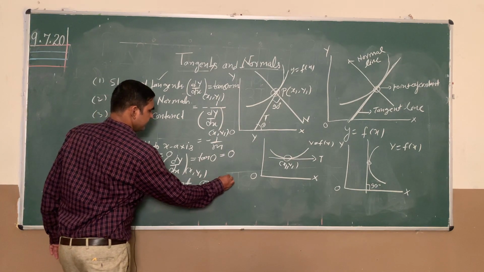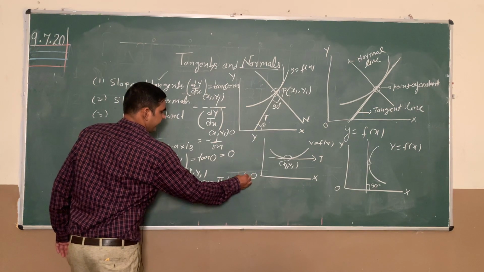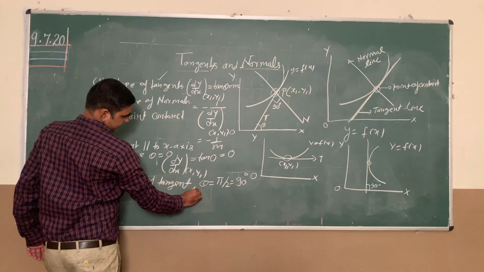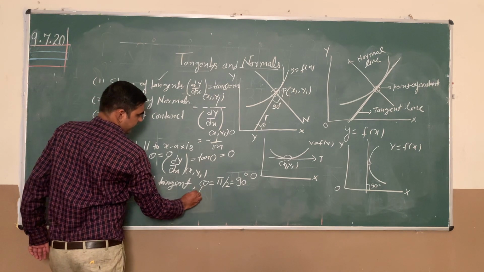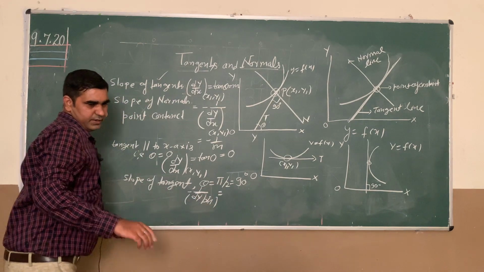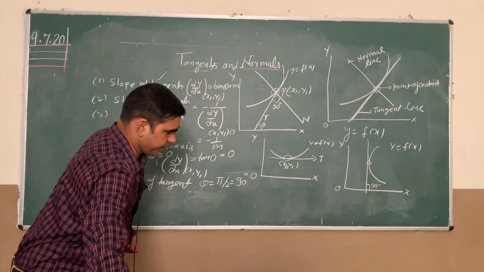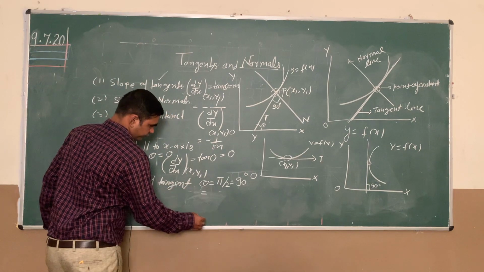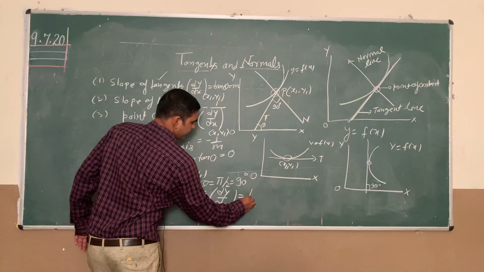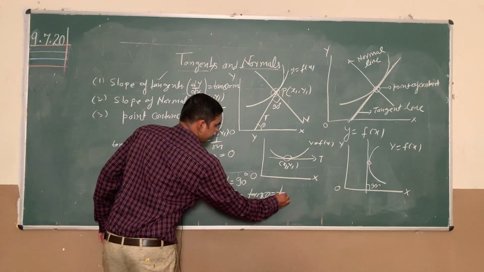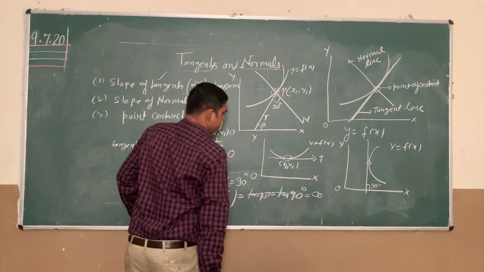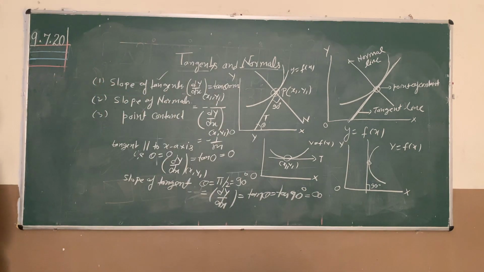Slope of tangent dy by dx equals tan of theta, and this will be tan 90 degrees, and tan 90 degrees is not defined. Okay, that means slope of tangent is not defined.